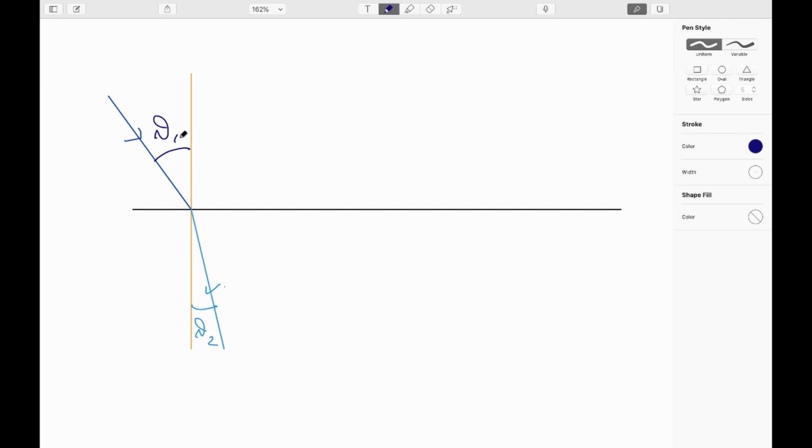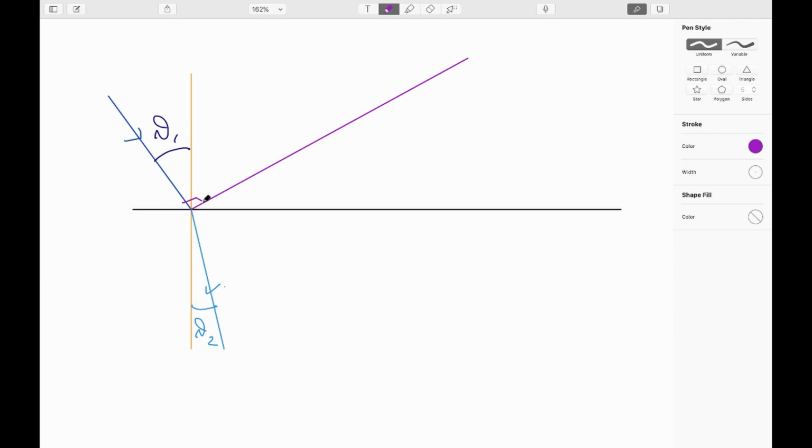Okay. Now remember, in the ray approximation, the rays are always perpendicular to the wave fronts in question. So let me go ahead and draw in the incident wave front. That looks pretty good.